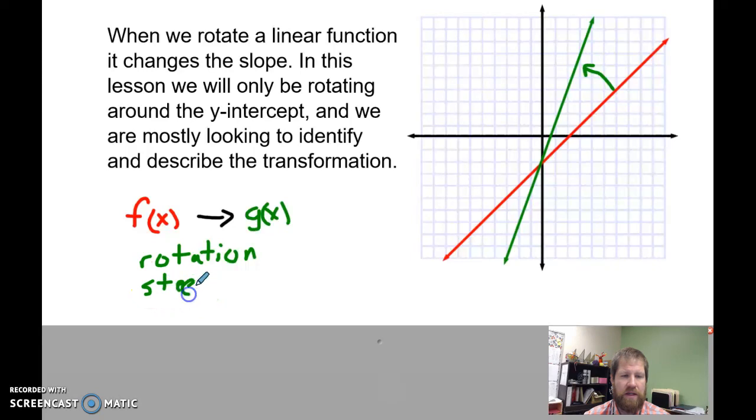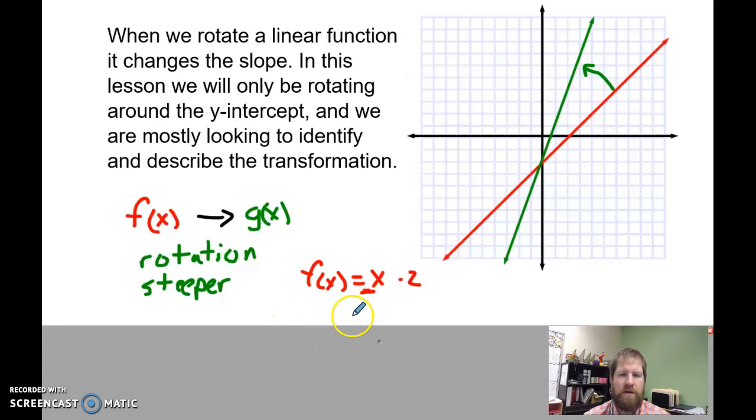Okay, the fact that it got steeper means that the slope increased. So if I'm looking at my original, my f of x is just f of x equals x. My slope is 1, and then minus 2.